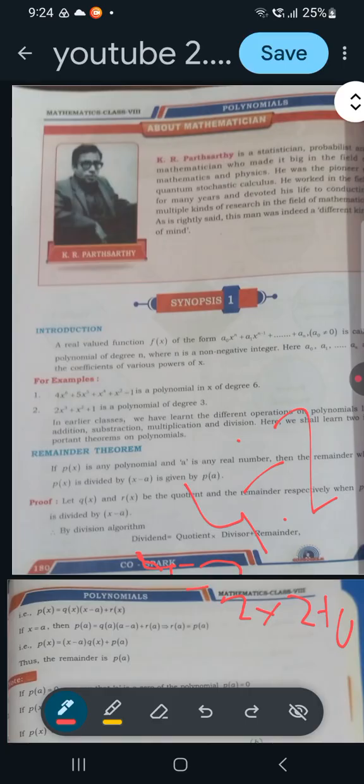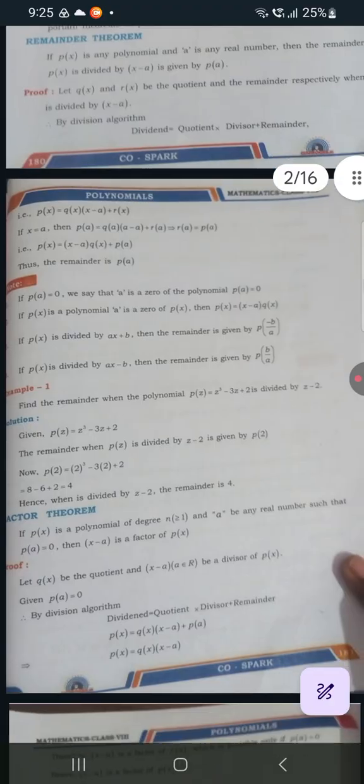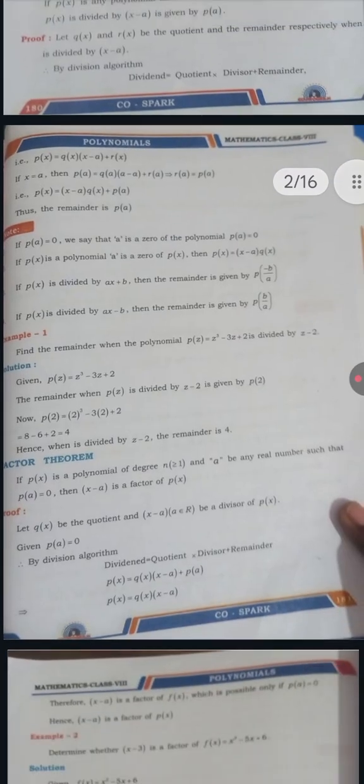I'm thinking you guys already studied this in lower classes, so I need not explain it deeply. That is, P of x is equal to Q of x into x minus a plus R of x. x minus a is our divisor, and Q of x is our quotient.